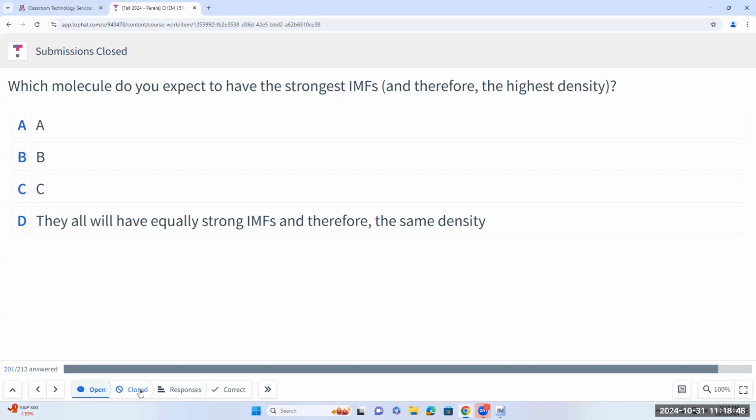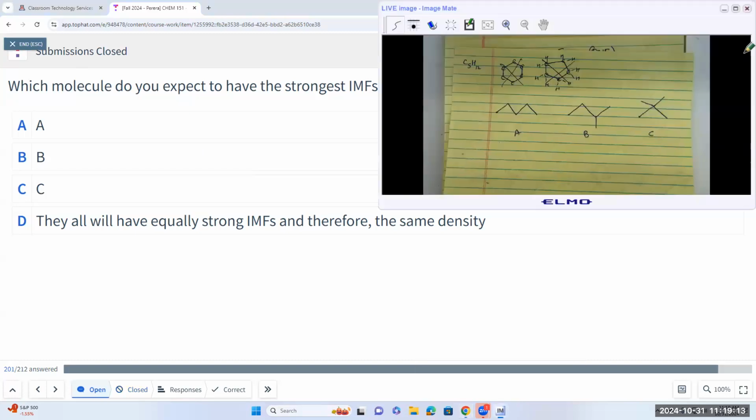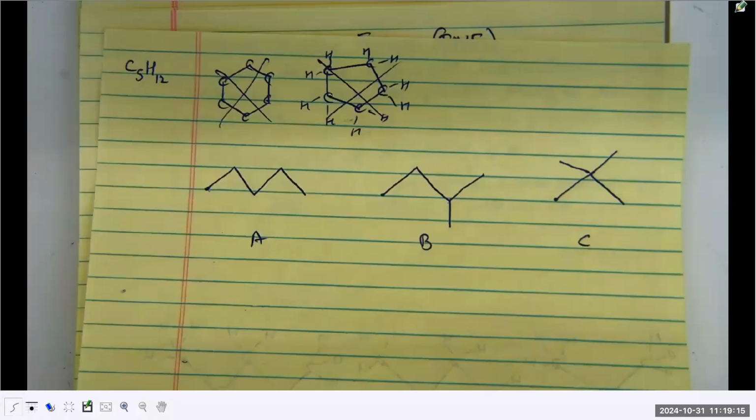Whenever you have less contact with other people, you have weaker interactions. Therefore, your boiling point, melting point, density, viscosity, those things will go down. So one more time, let's go back to the molecules and see the same thing again.